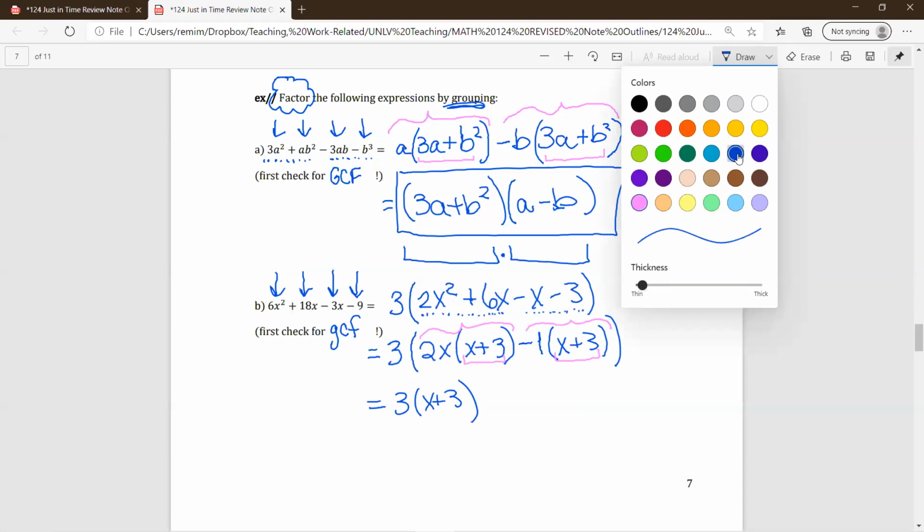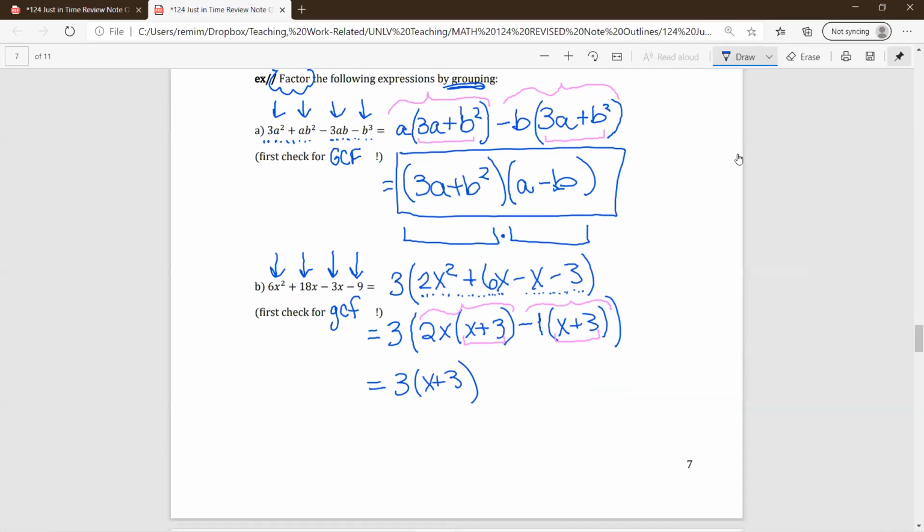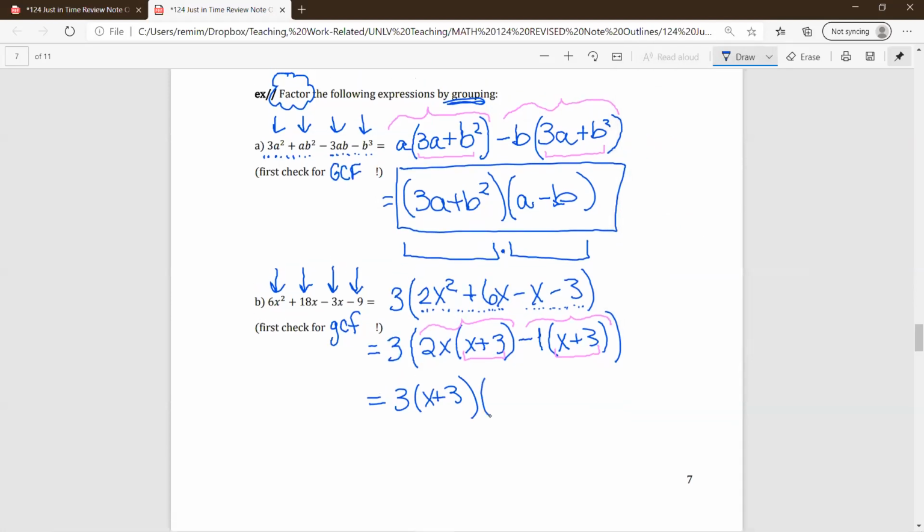They have that x plus 3 in common. And so if we take the x plus 3 out of this expression, we will be left with a 2x. And then if we go over here and we're pulling the x plus 3 out in front from this expression, we would just be left with a -1.